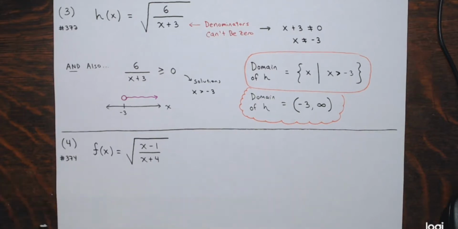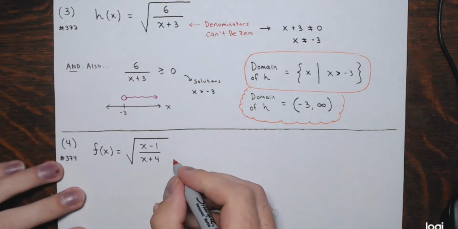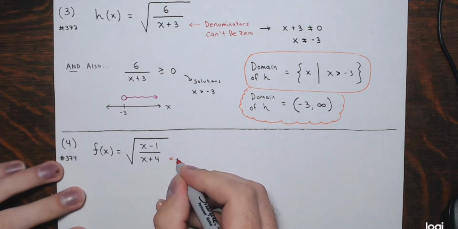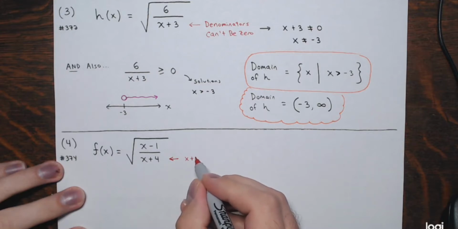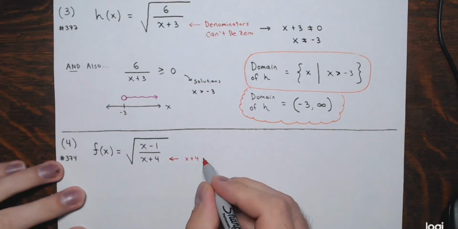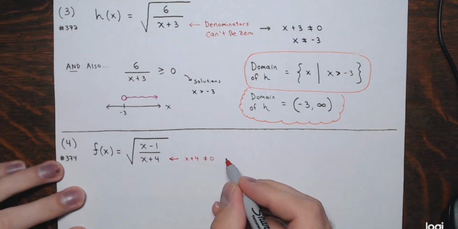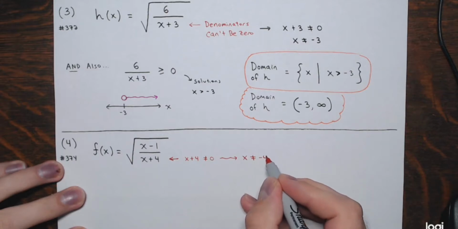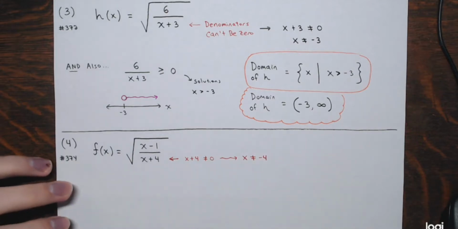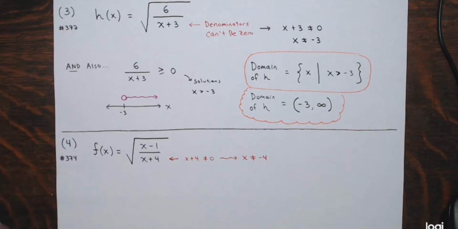So once again, there's a denominator with a variable. So x plus 4, this denominator of this fraction, can't be 0. And that leads me to the statement x can't be negative 4. So that negative 4 can't be in the domain. It's not allowed because you can't divide by 0.